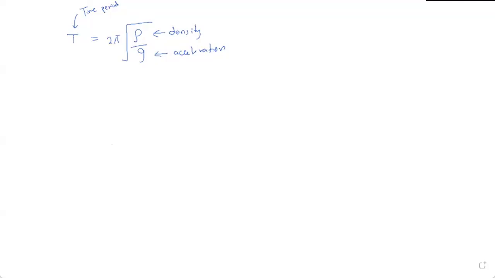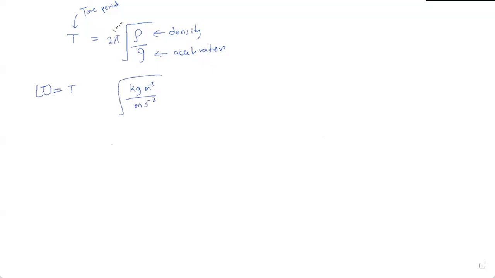Right. So have you got whether the two sides are matching or not? Here the dimension is also time period, it's time, right? There's density, which is kilogram per cubic meter, and acceleration, which is meters per square second, right?